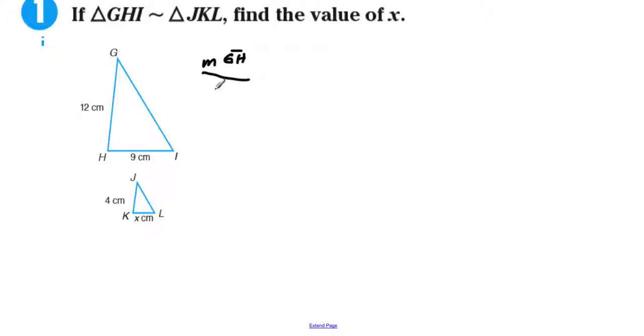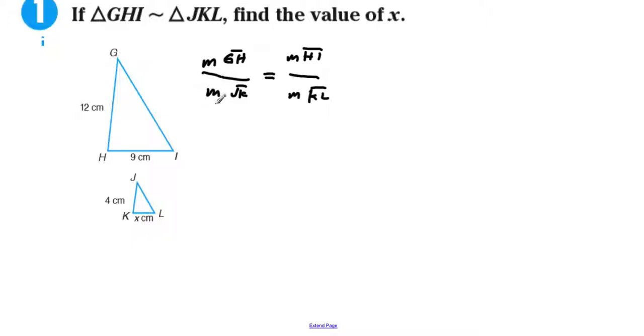So the measure of segment GH over the measure of segment JK is equal to, we start with the big triangle because we started from the big triangle in this particular ratio, the measure of segment HI, which corresponds to KL, over the measure of segment KL.